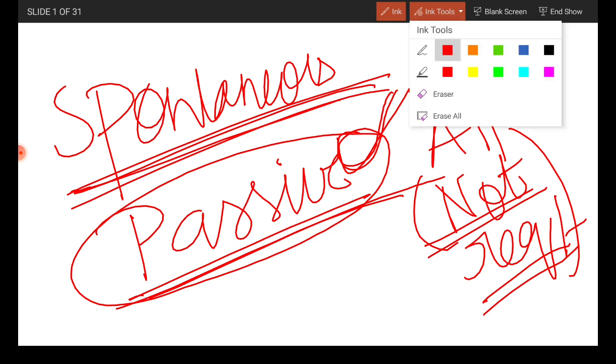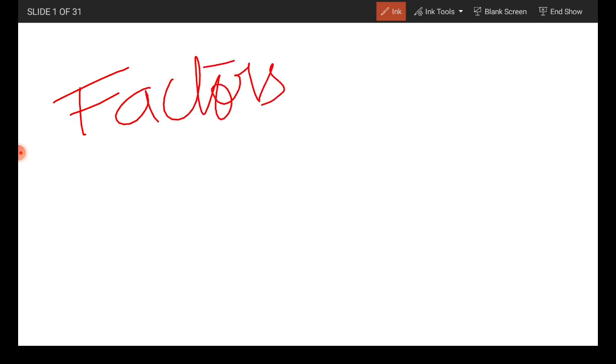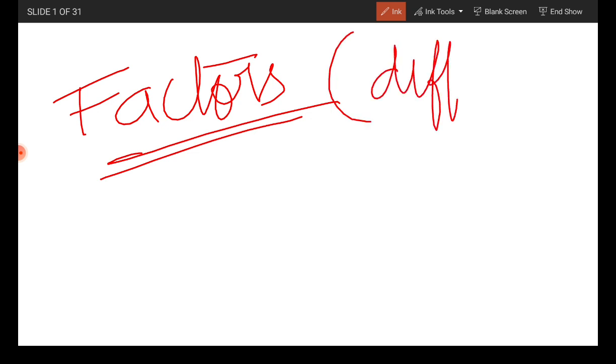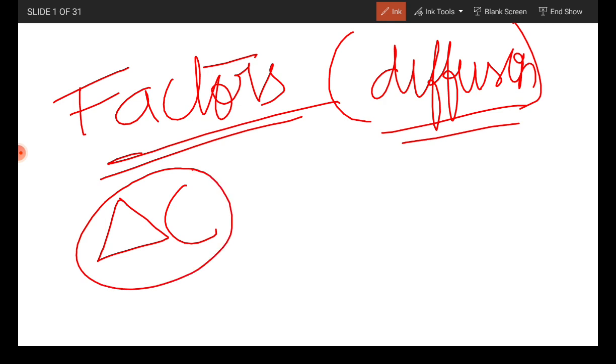Diffusion depends on many factors. Diffusion depends on factors like concentration difference. We have discussed what is solute and what is solvent.